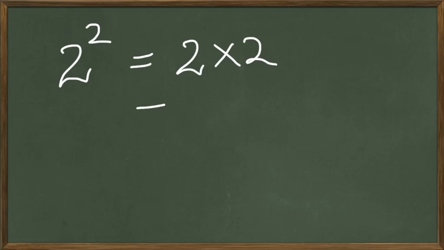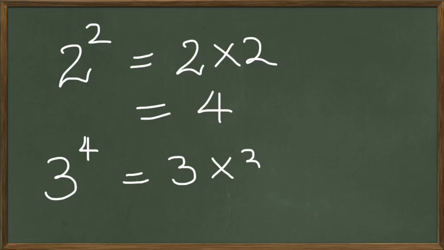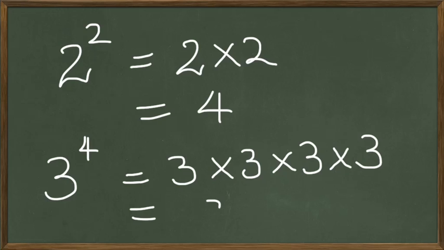The next thing is, if you remember, probably in the last few years we might have done this: you write 2 squared is equal to 2 times 2, which equals 4. You also did something like 3 to the power of 4 could be written as 3 times 3 times 3 times 3, which equals 81.